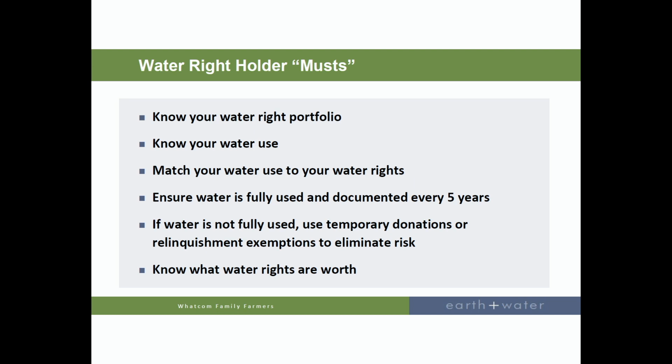If you have been irrigating and you don't want to irrigate, there are ways to protect that water by putting it into a temporary trust, which protects the water right while you're not using it. It might be worth doing that if it's been a couple years since you've used the water and you want to stop that clock, especially while you're gathering this information.